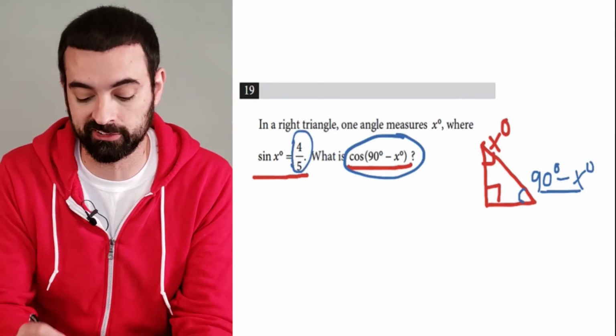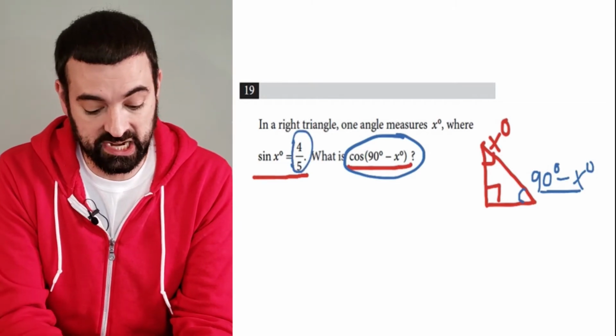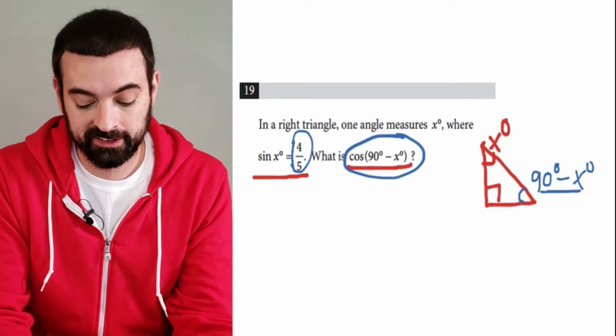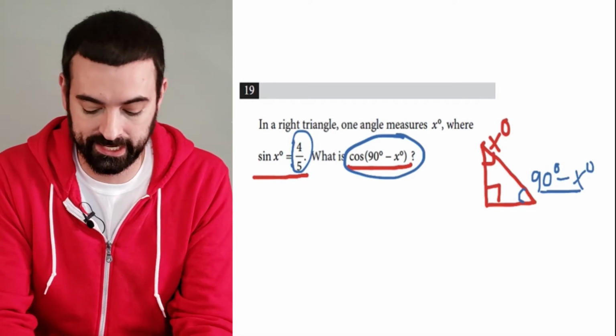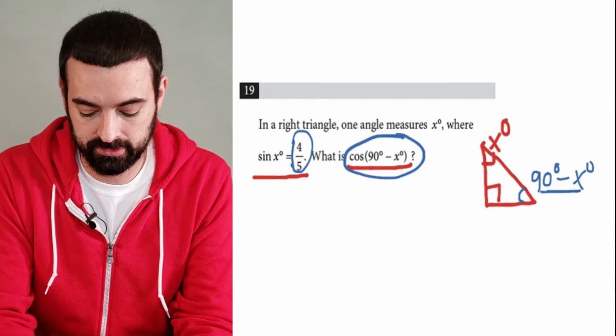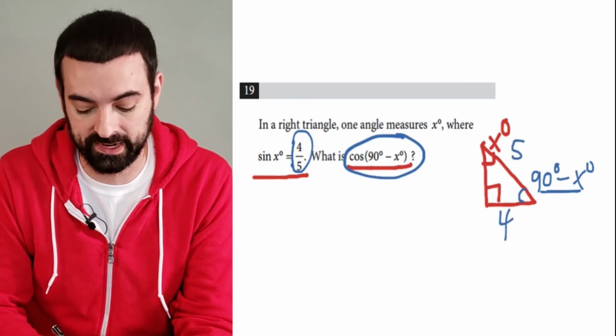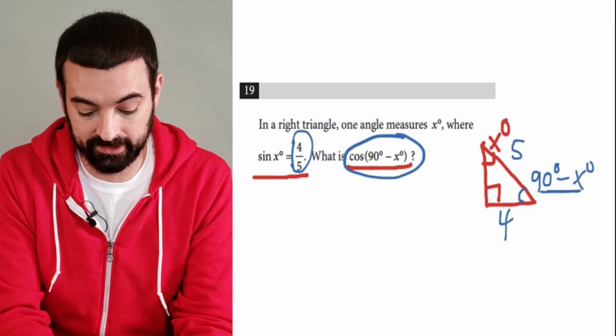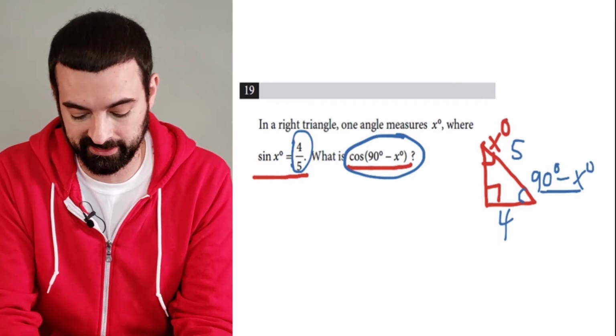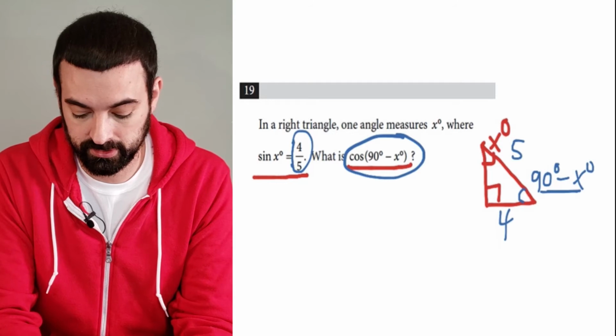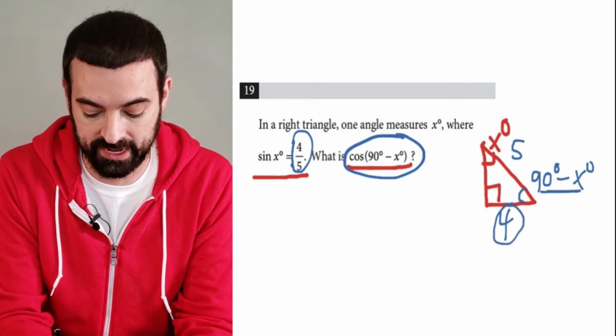I'm going to prove this as well. If sine of x is 4 over 5, sine, so, is opposite over hypotenuse, 4 and 5. Cosine, ca, is adjacent over hypotenuse.